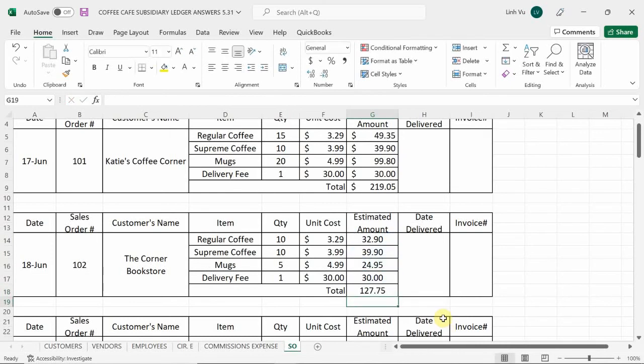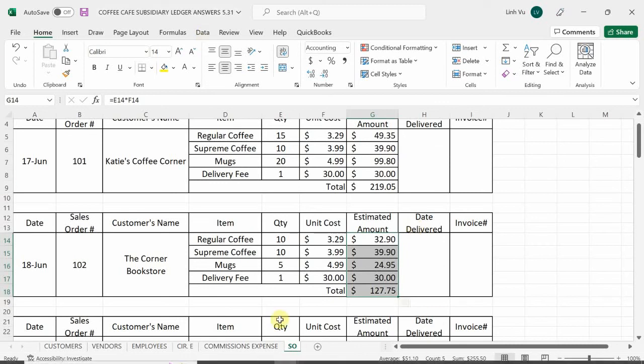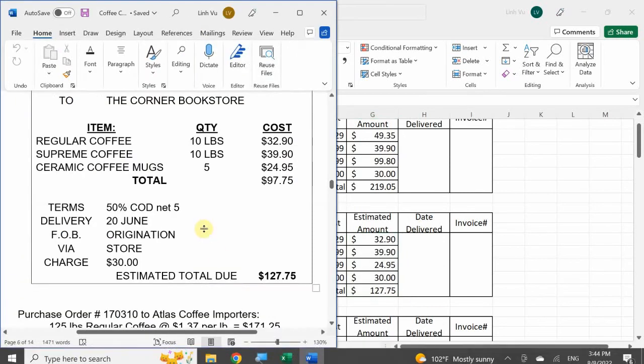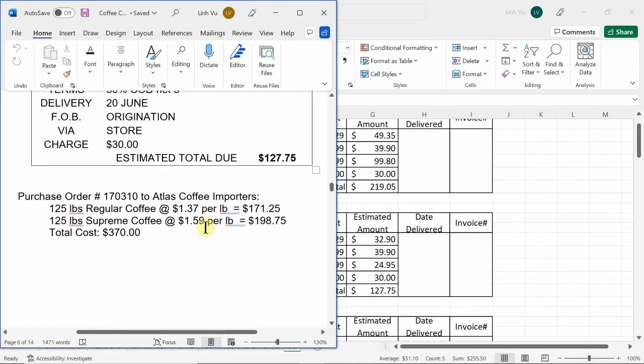Yep, so they were quoted for the $127.75. That's all on that.